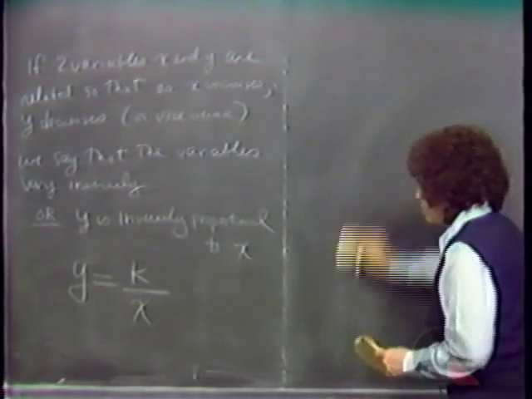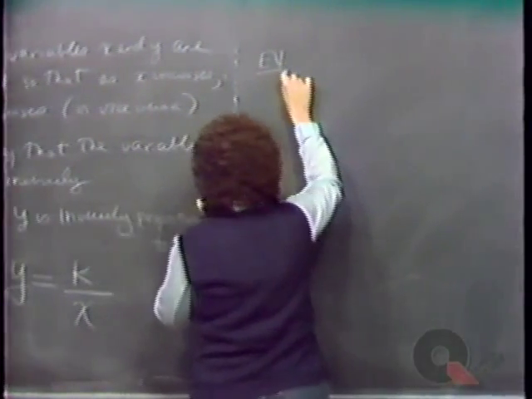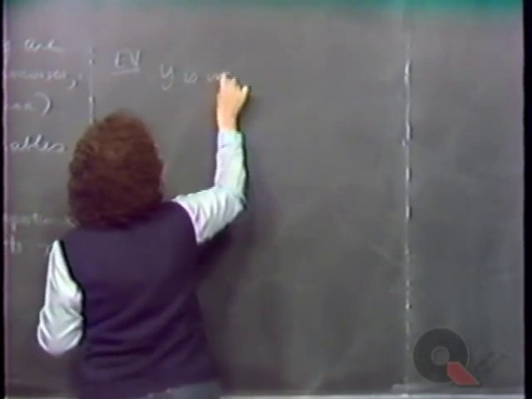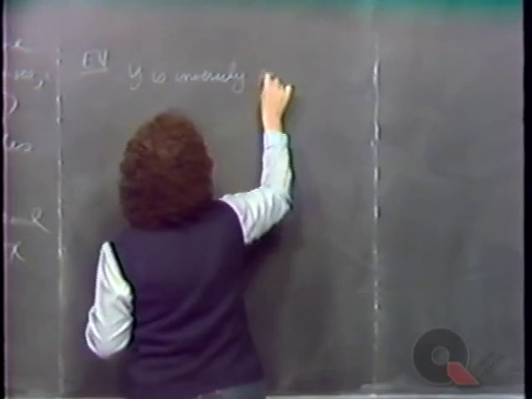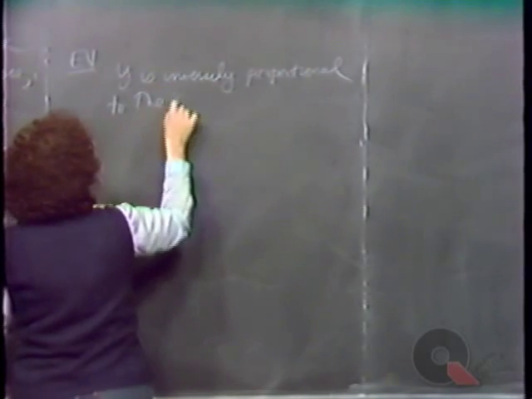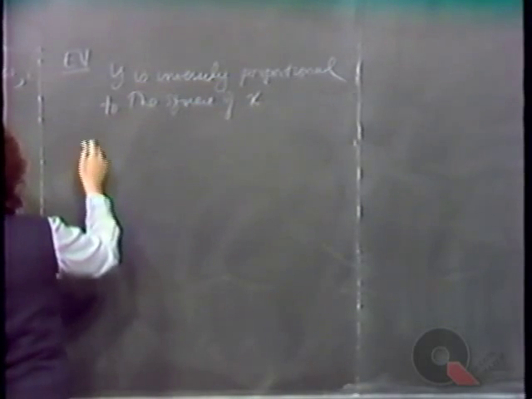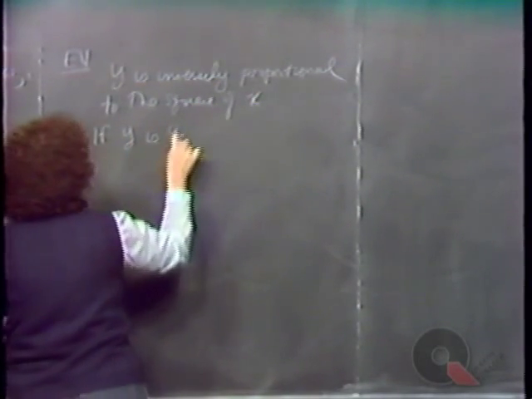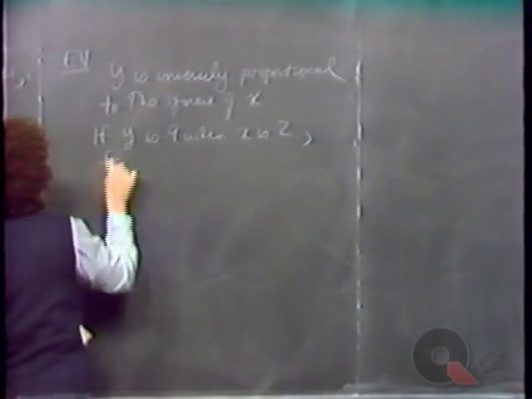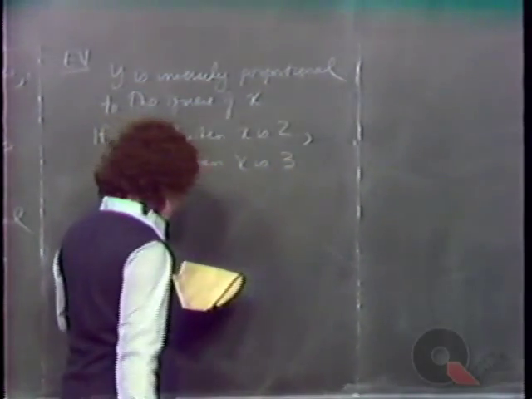Okay, let's try an example with the inverse proportion. Y is inversely proportional to the square of x. If y is 9 when x is 2, find y when x is 3.